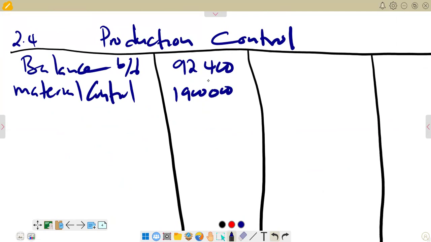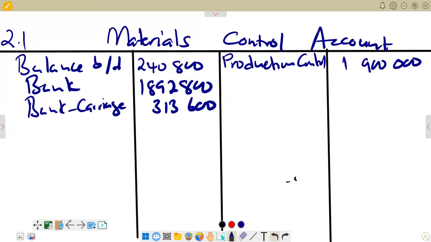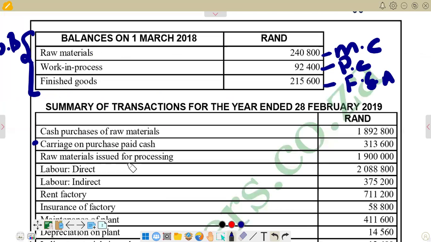Then we can try to see what we are supposed to do on the next transaction after raw materials issued for processing. We are now on labor. On labor, we have direct labor, which is 2,088,800, and we also have indirect labor, which is 375,000.